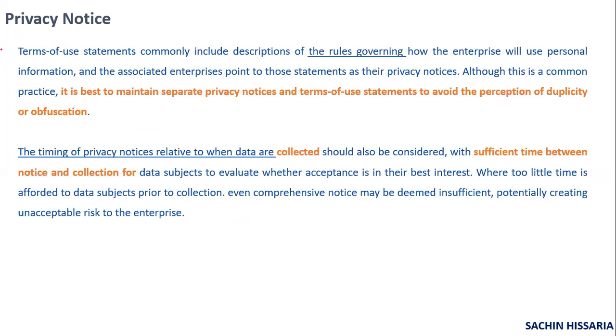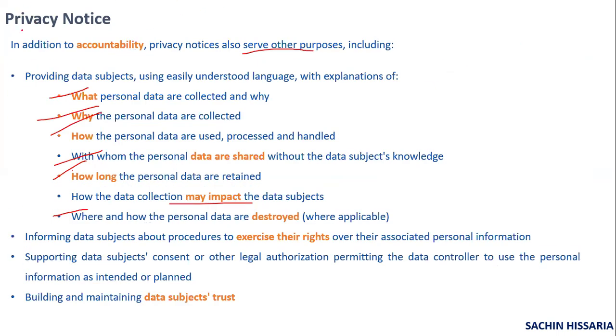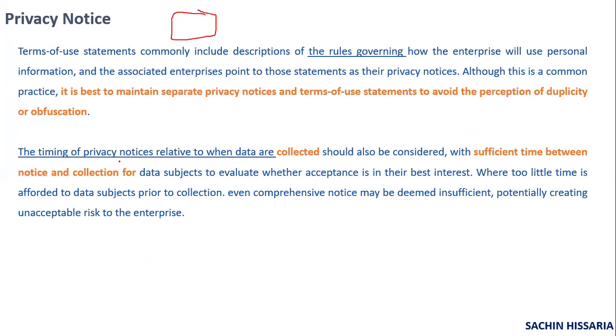Now sometimes, guys, the company will describe the terms of use. Whenever they are collecting personal information, there would be one paragraph related to terms of use. In that terms of use the company will include requirements related to the privacy notice, such as what data is collected, why it is collected, how long it will be retained, and so on. All those points will sometimes be included in the terms of use statement.